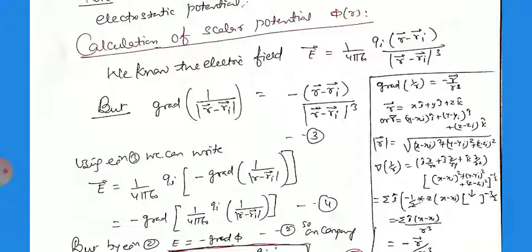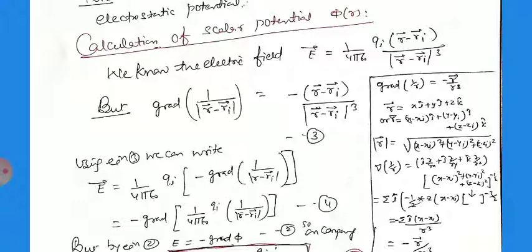We know that r vector equal to x i plus y j plus z k, or you can also write r in terms of the source and field point, (x minus xi) i cap plus (y minus yi) j cap plus (z minus zi) k cap. So the r magnitude is equal to ((x minus xi) square plus (y minus yi) square plus (z minus zi) square) whole power half.